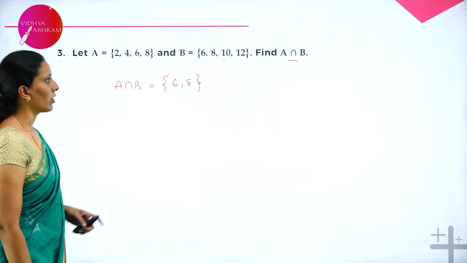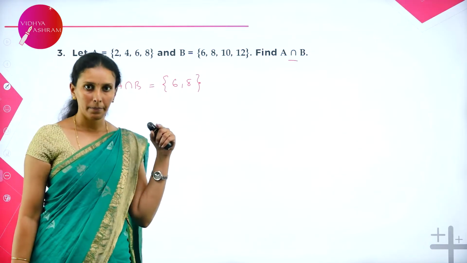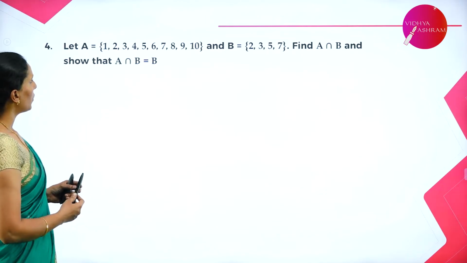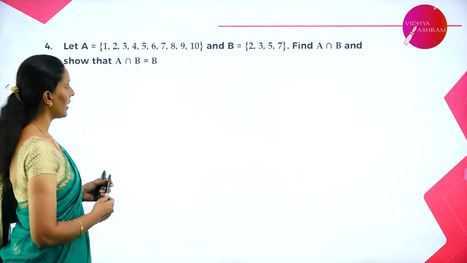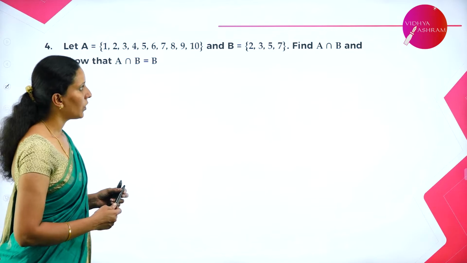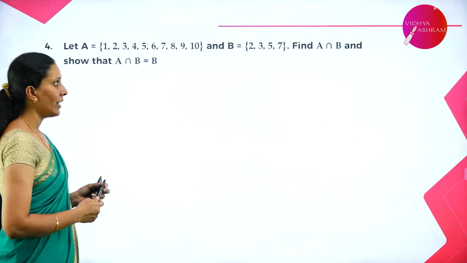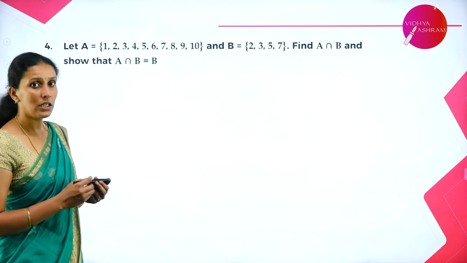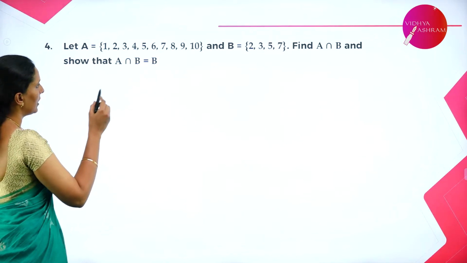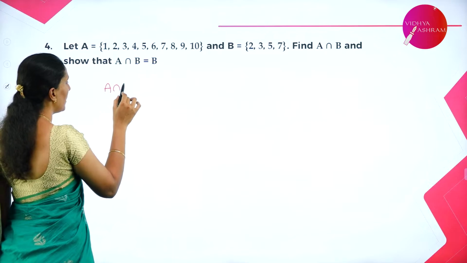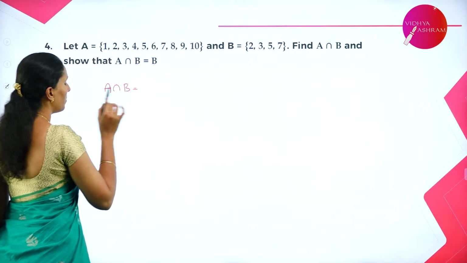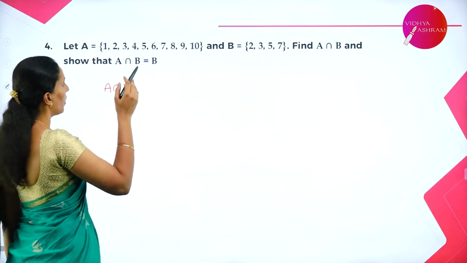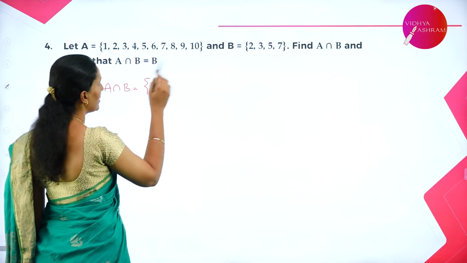Because 6 and 8 are the common elements which are in A as well as B. Let A is equal to {1, 2, 3, 4, 5, 6, 7, 8, 9, 10} and B is equal to {2, 3, 5, 7}. Find A intersection B and show that A intersection B is B. Now see here, let's take A intersection B. Again, A intersection B is nothing but writing the common elements in A and B. What are the common elements which we have inside both sets?